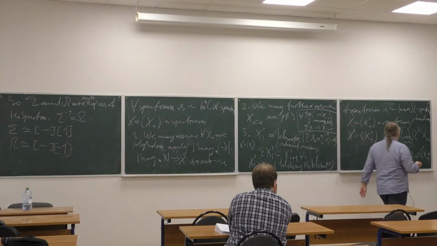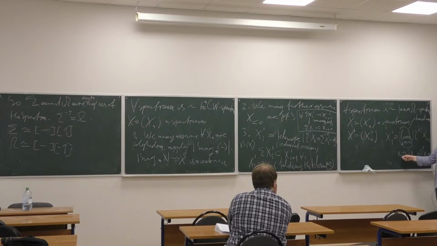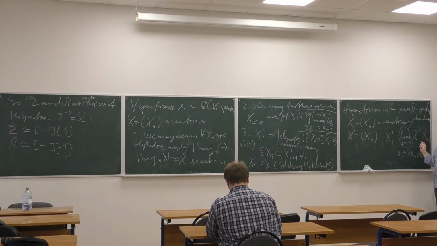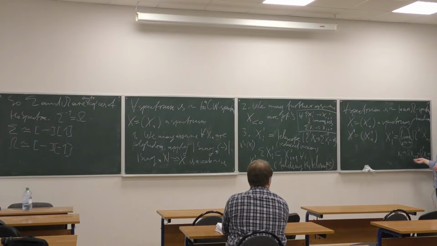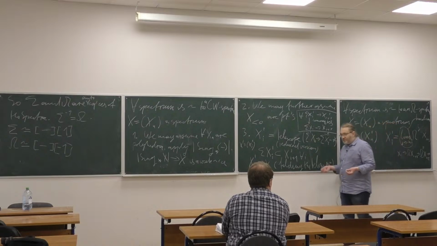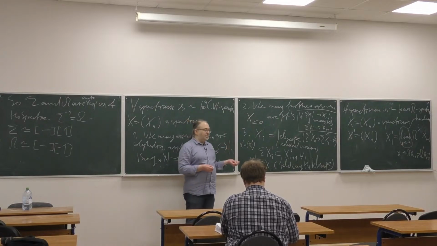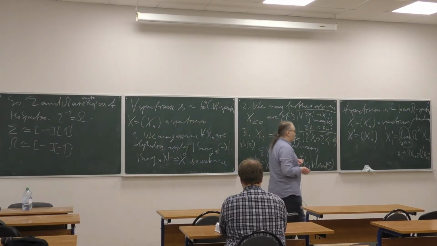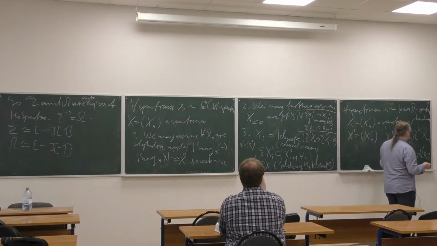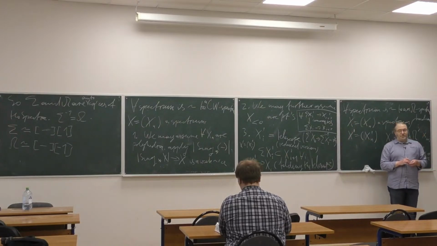And here we actually have another telescope. There's just one subtle thing here. In general, the omegas are not CW complexes, so we need to take the CW approximation of the omegas and then take the telescope.